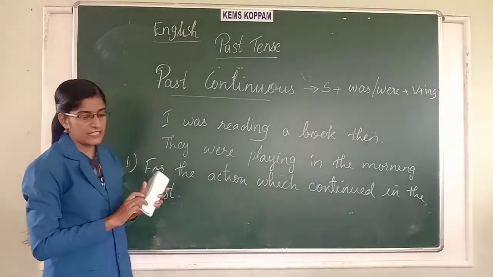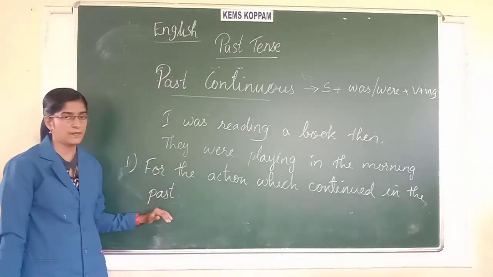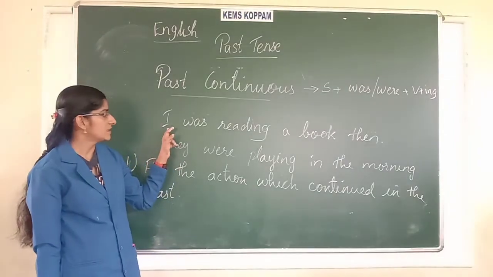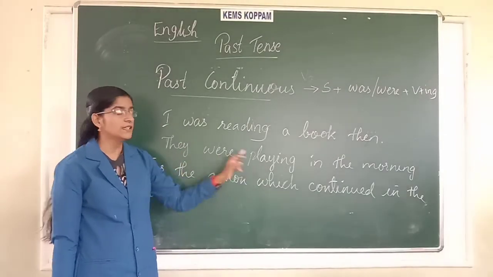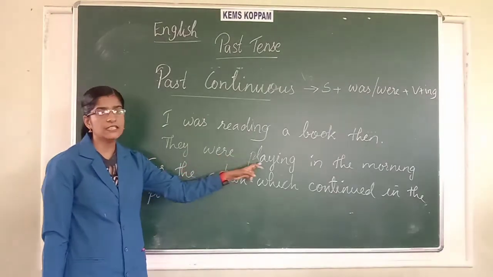Past continuous is used for the actions which continued in the past. Okay. When I called her, they were playing. Okay. When I reached there, they were playing.